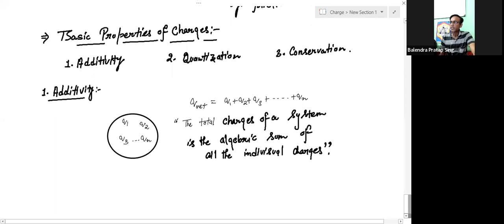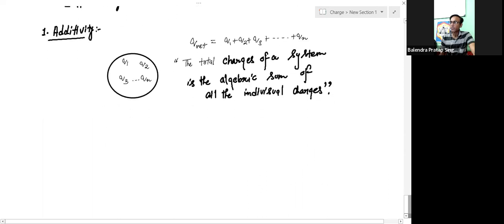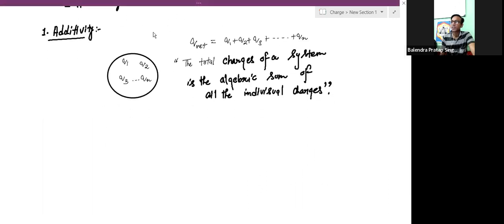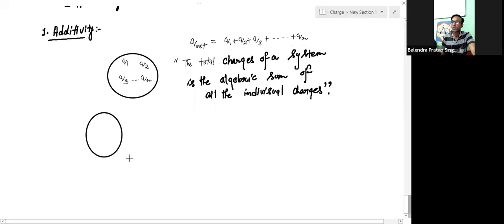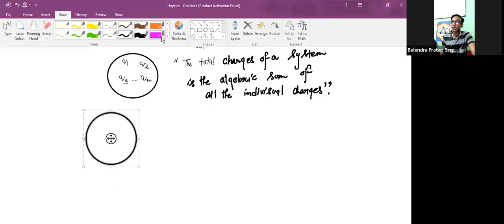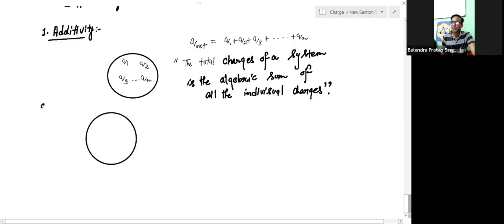Okay, so let's take an example. Suppose I am choosing a system. It has plus 2e charge, minus 4e charge, plus 3e charge, and minus 6e charge.